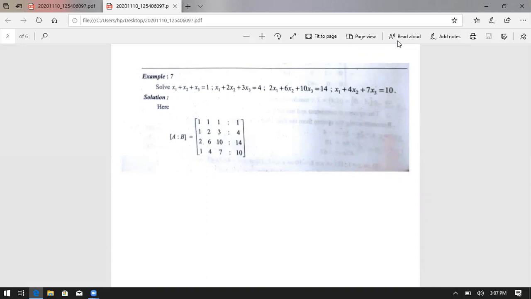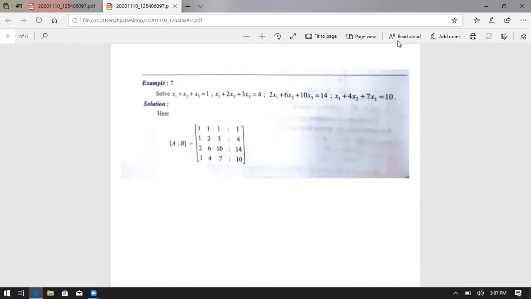Okay. The first step is you take the augmented matrix. This is the augmented matrix of A, B. Means A comma B, this is the A, this is the B. I take the coefficients of x1, x2 and x3. X1 means 1, 1, 1 and constant 1.